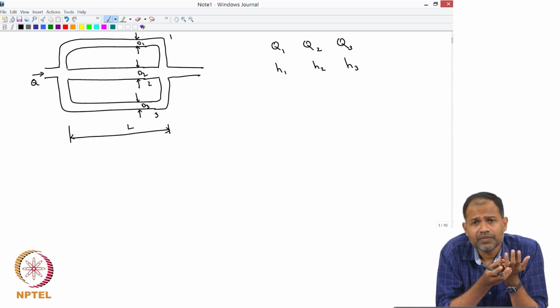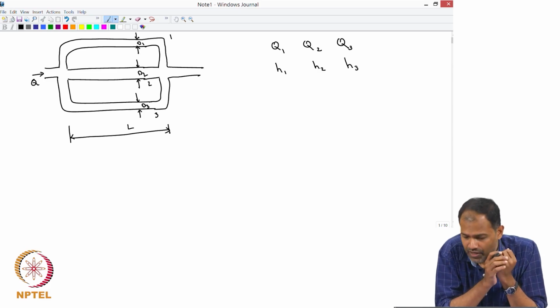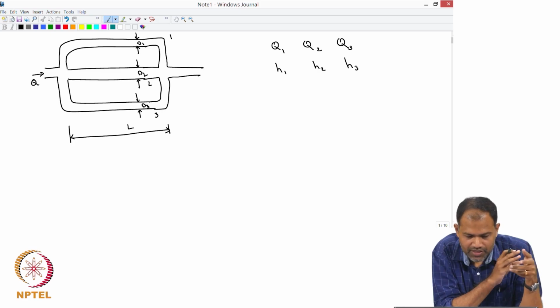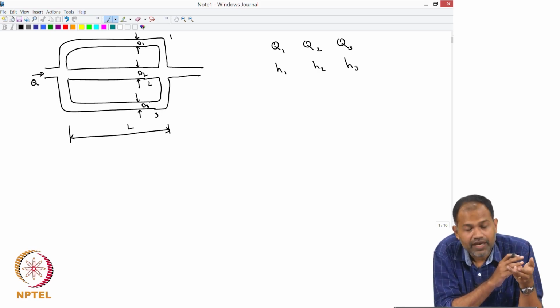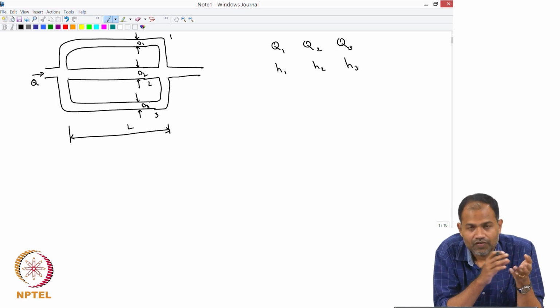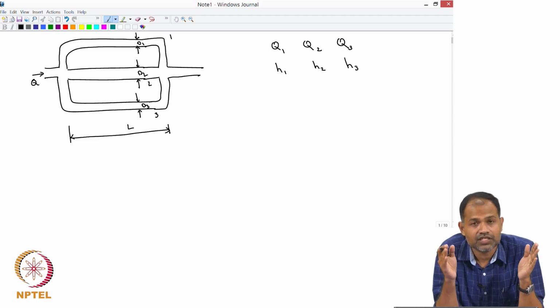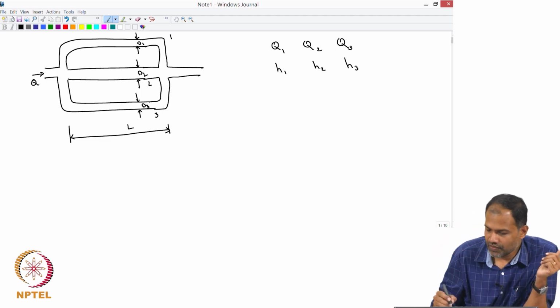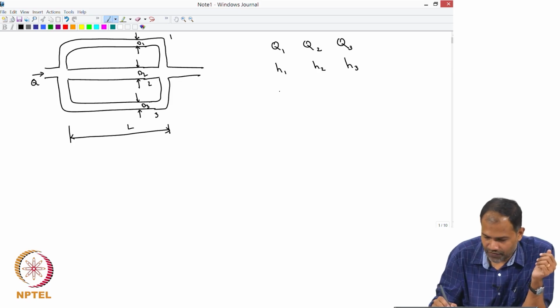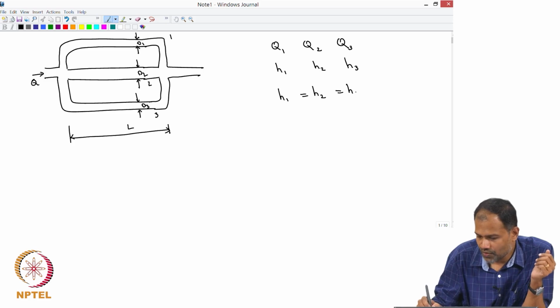Again you can take the same analogy as in series: the volumetric flow rate is like your current, and the head loss is like your voltage. The current is divided into 3, while the voltage across the section remains the same. In other words, H1 equals H2 equals H3.